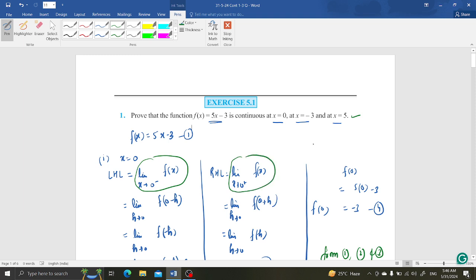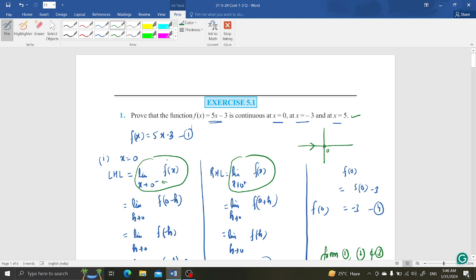See, suppose here we have a 0, this is our 0 part. LHL means when x moves towards 0 from the left hand side; this negative represents that we are moving towards 0 from the left hand side.